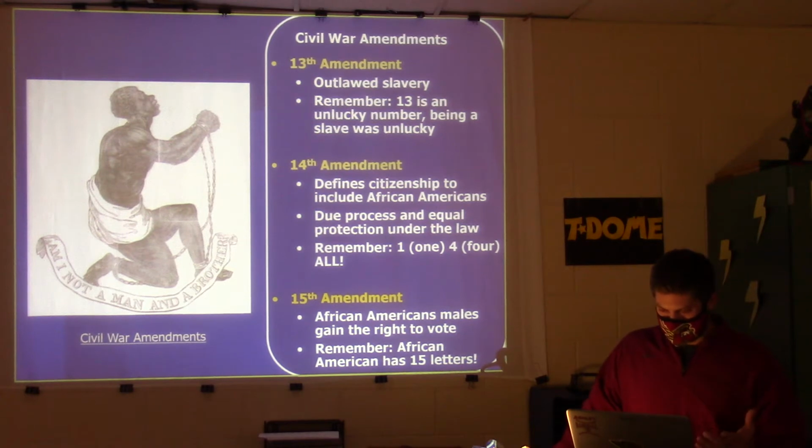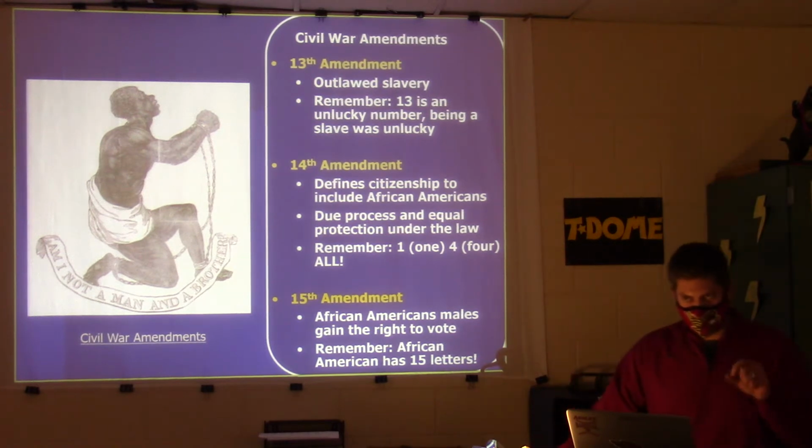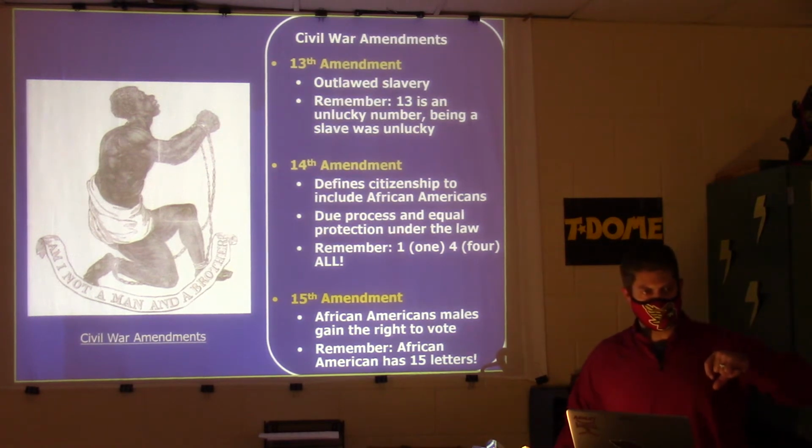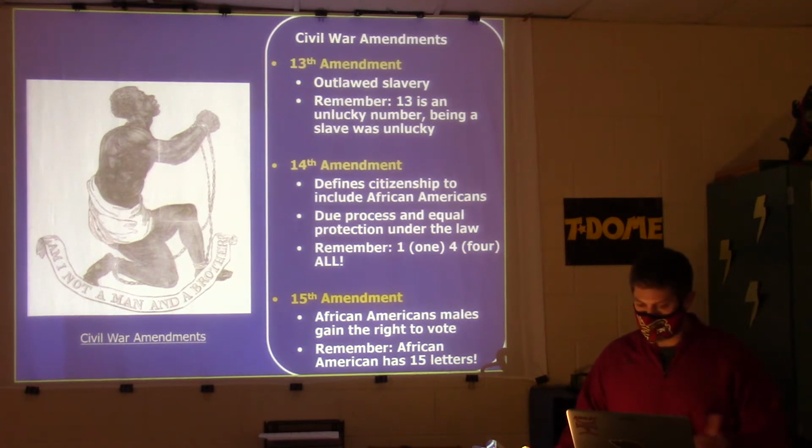Everybody is equally protected under the law. The 14th Amendment is awesome. It really does provide this framework for which it doesn't matter who you are. You can always say, under the 14th Amendment, I get treated this way just like you get treated this way. And it's been used several times to do that. So remember, one for all.